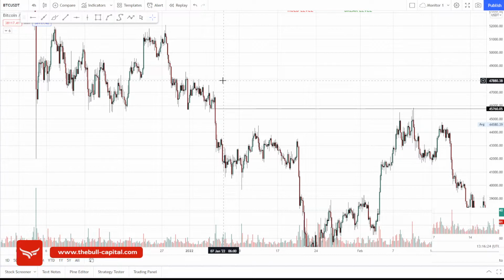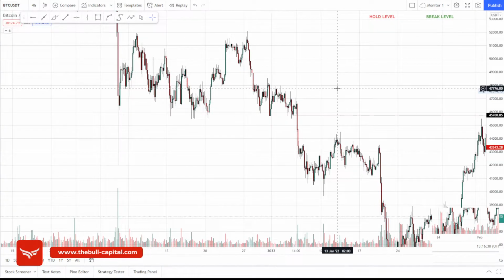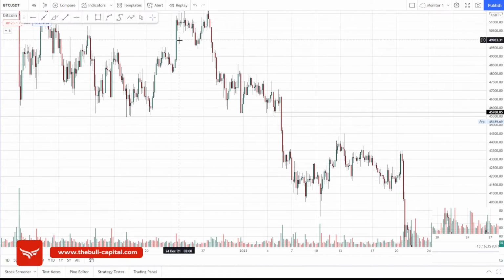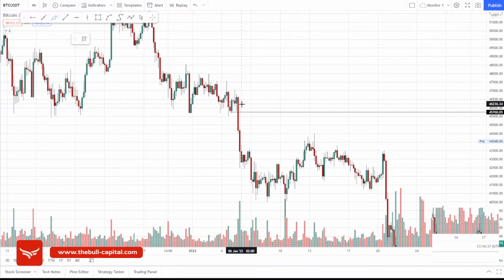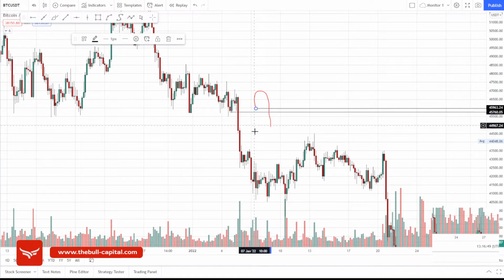How do you find these hold levels? You take the last swing low. So you look for something like this. Now this is a hold level.